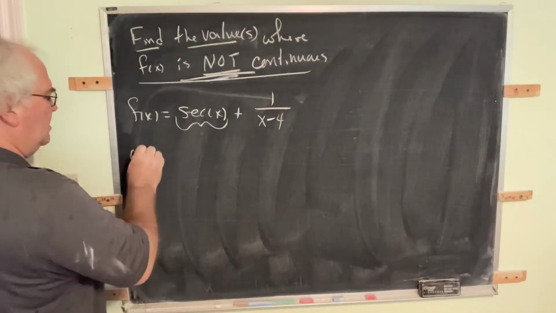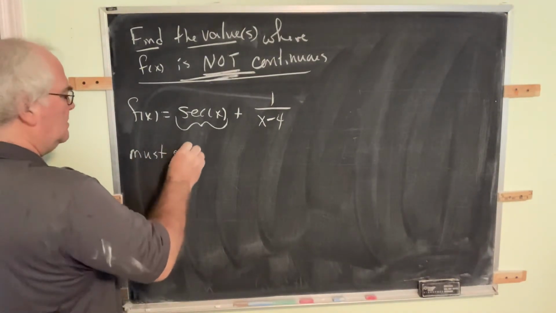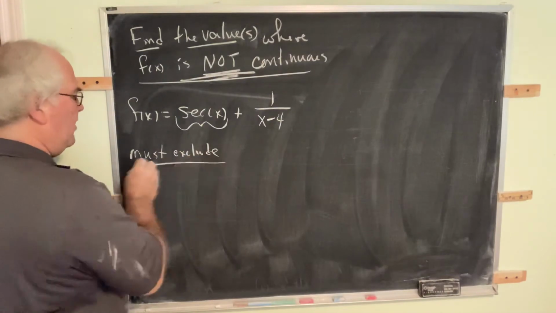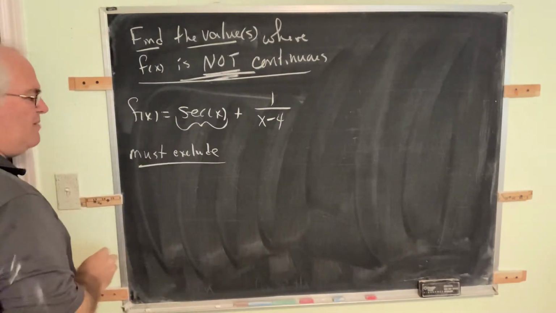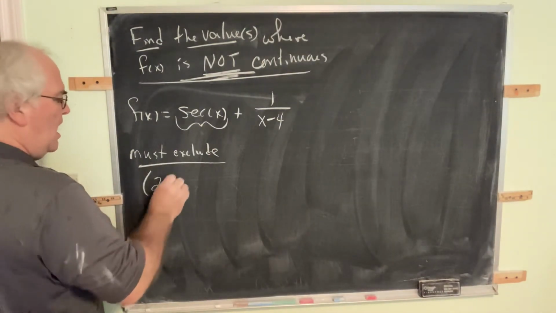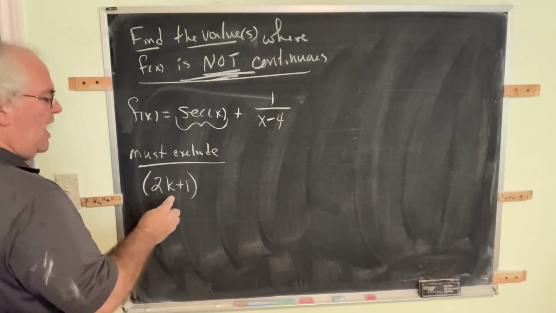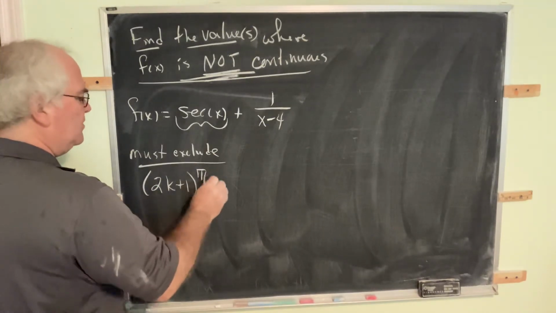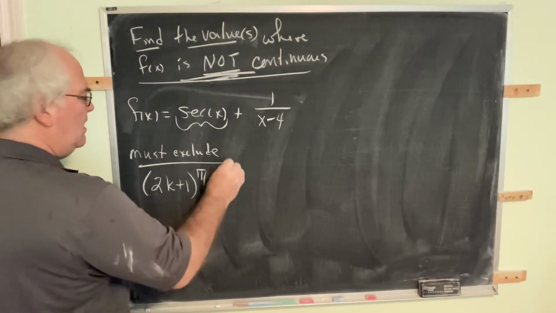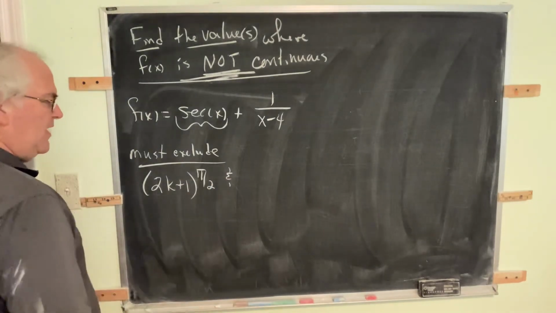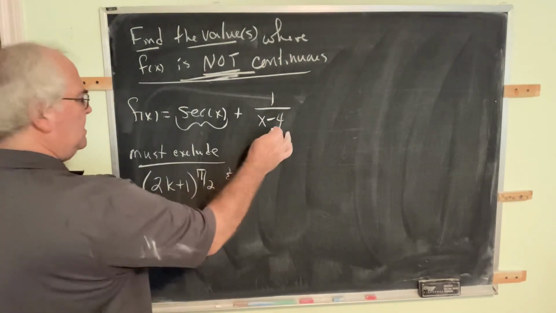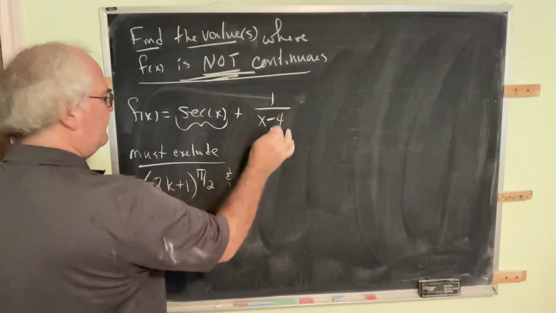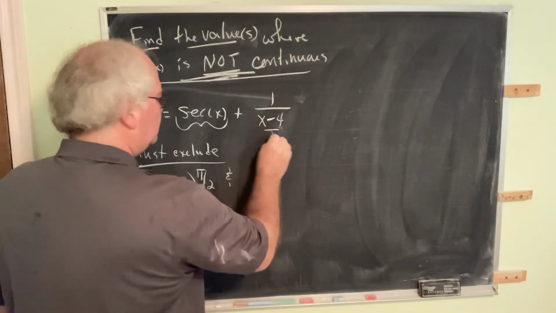So we must exclude, and we've already seen, the odd multiples of pi over 2. And where is this undefined? This is undefined where the denominator is equal to 0.